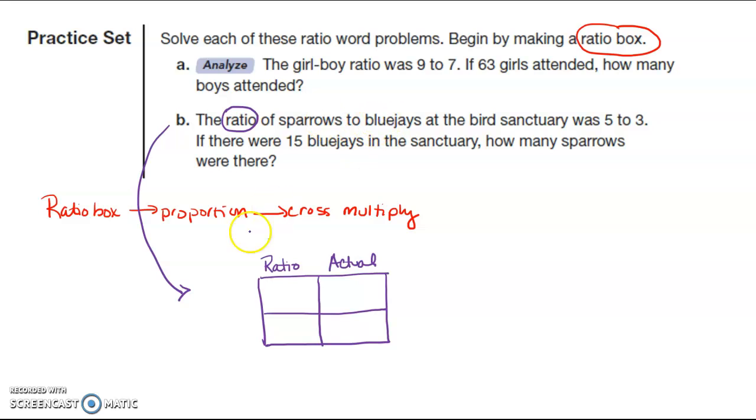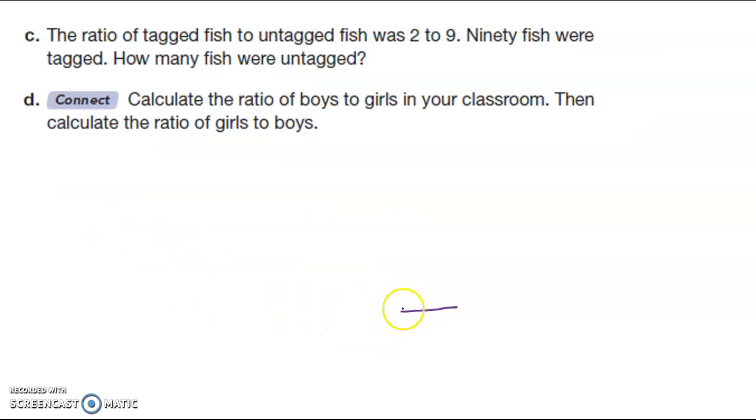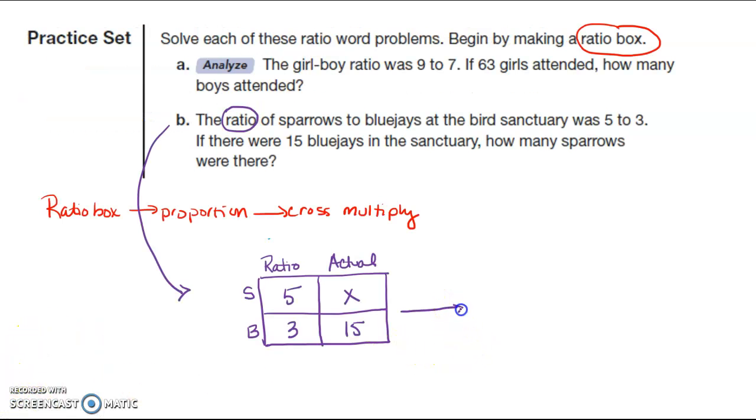I'm going to shorten sparrows to S and blue jays to B. It says if there were 15 blue jays, so the actual number of blue jays would be 15. How many sparrows? We don't know how many actual sparrows there are. So this is our ratio box. Now we need to go to our proportion.